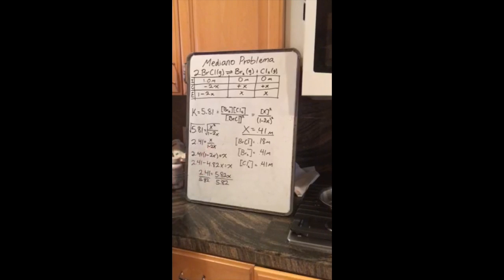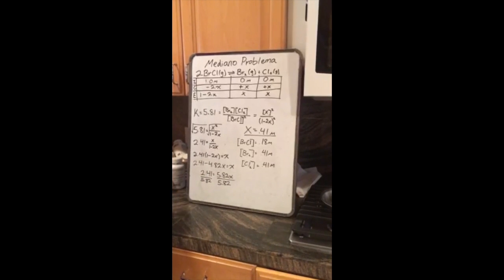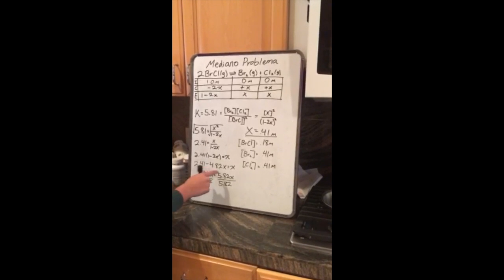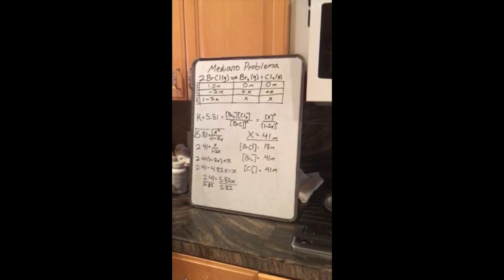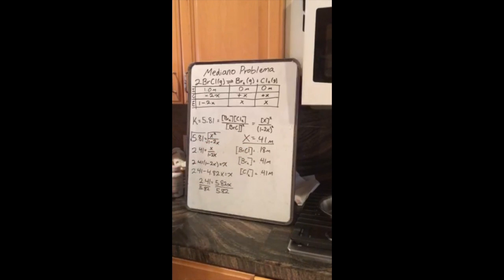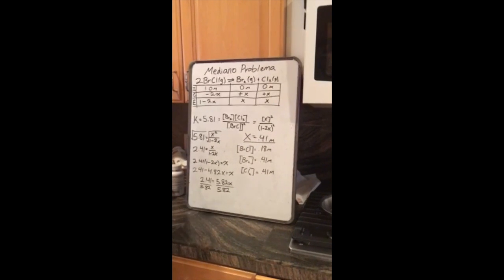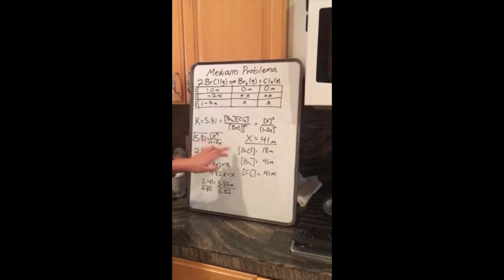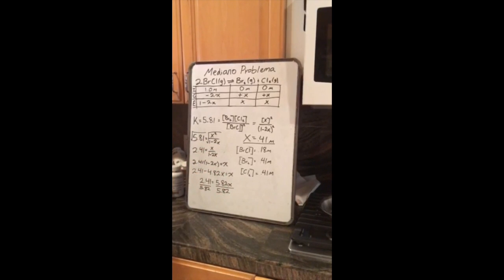You multiply that by both sides, then you distribute, then you subtract this to put it on the other side, and then you get x to equal 0.41, and then you put x into your equilibrium concentrations to find out their numbers.